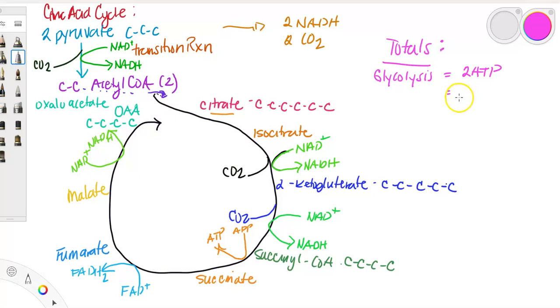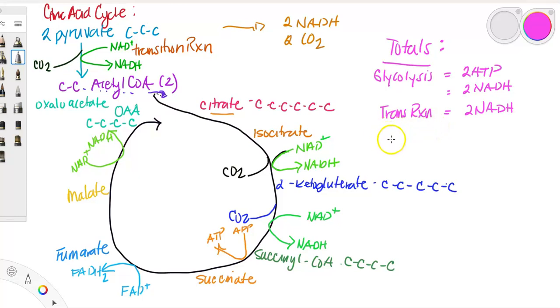I can never remember. And then, of course, we got 2 pyruvate. We brought pyruvate into the citric acid cycle, and it went through the transition reaction. And in that, we got 2 NADHs, and then, of course, 2 acetyl-CoAs.